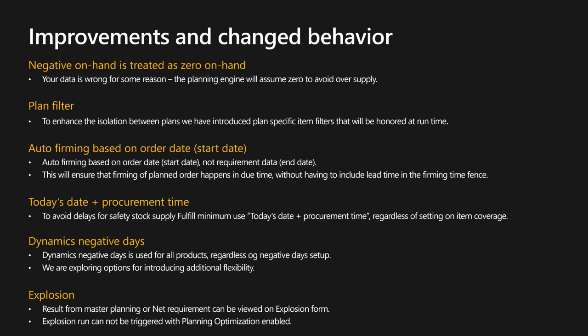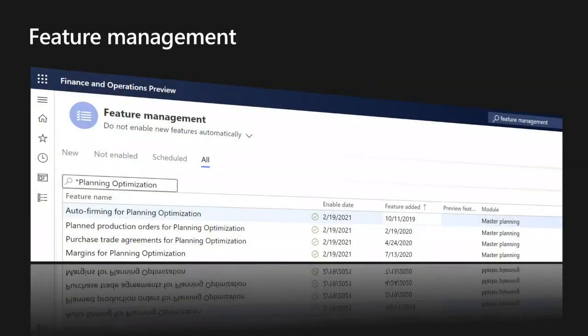But we can still view it. Another thing that's important to notice when you work with planning optimization: ensure that you go to feature management and enable the features that you want to use.